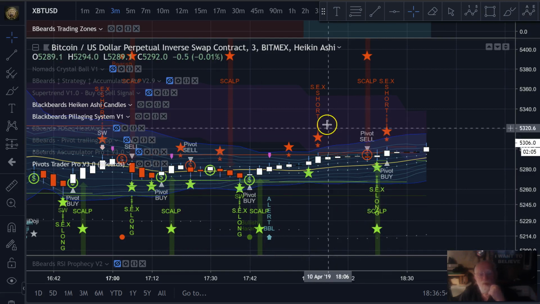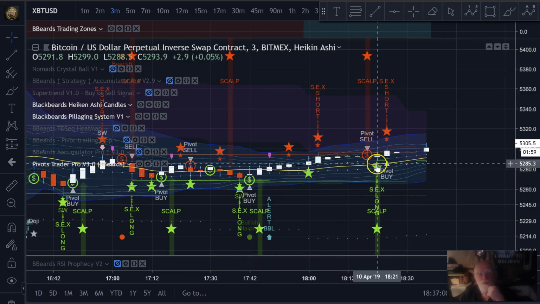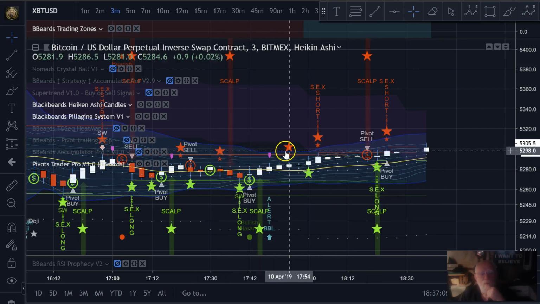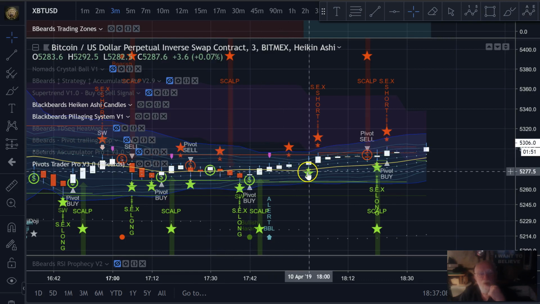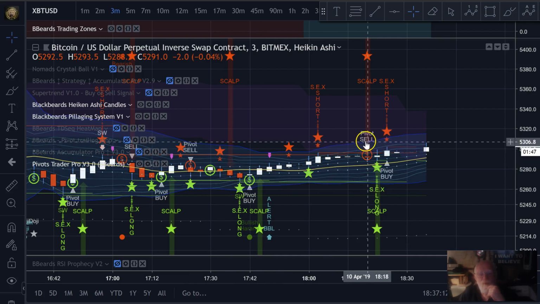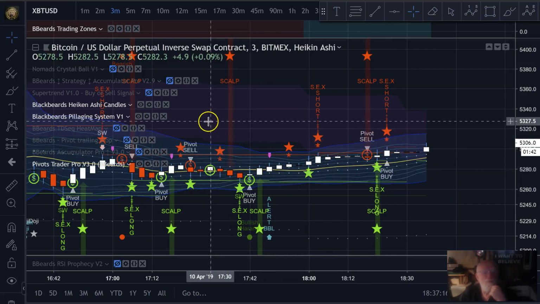We've got the swing entries and exits, shorts up on top, longs on the bottom. We've got higher time frame indicators here, and of course we've got our bullseyes, and we've got our pivot buy sell signals.